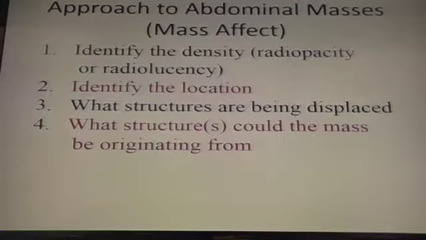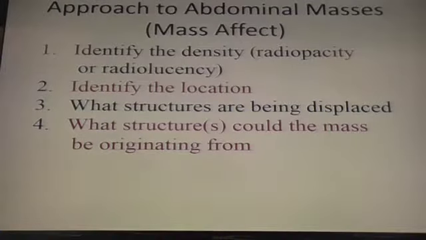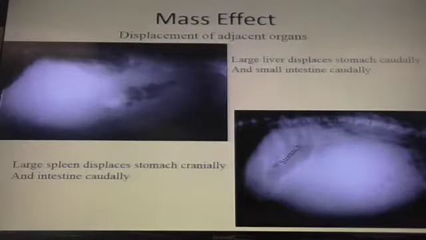Because you're not going to see pancreas. You're not going to see ovaries. You're not going to see mesenteric root. But if the soft tissue opacity originated from there, every structure located there, you will put in a differential. Make sense? Do you understand that? Got that? Yes. Okay, great. Okay, mass effect.